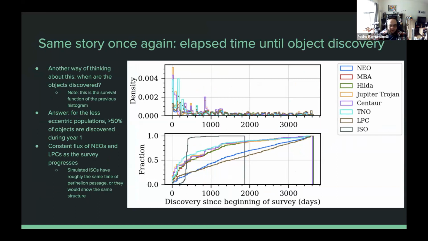It's a little bit of both. We are using the truth data to determine which object belongs to which population, but we are using the simulation to determine when the object is discovered. Right, but the classifications are coming from the truth data. Yeah.